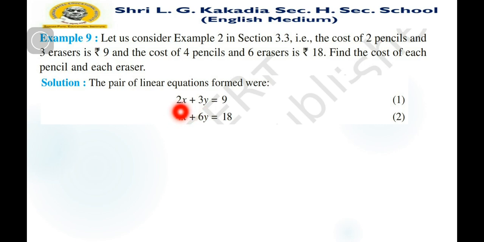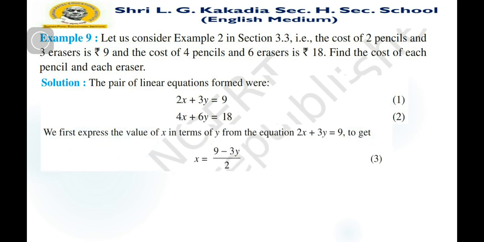Here we make x the subject, so we get 2x is equal to 9 minus 3y, and then x is equal to (9 minus 3y) by 2, and after that we put this value in equation number 2. So, step number 2: we first express the value of x in terms of y from equation number 1, 2x plus 3y is equal to 9.